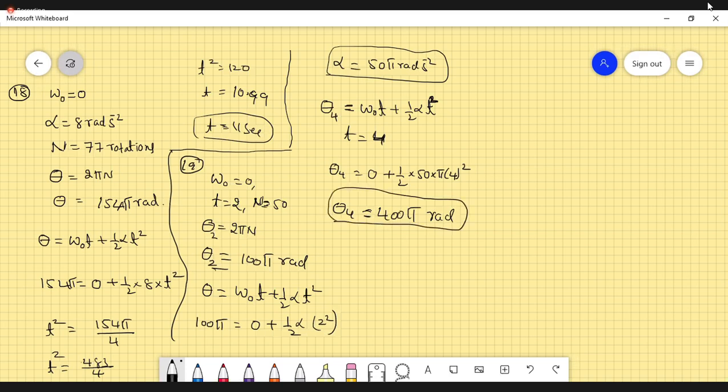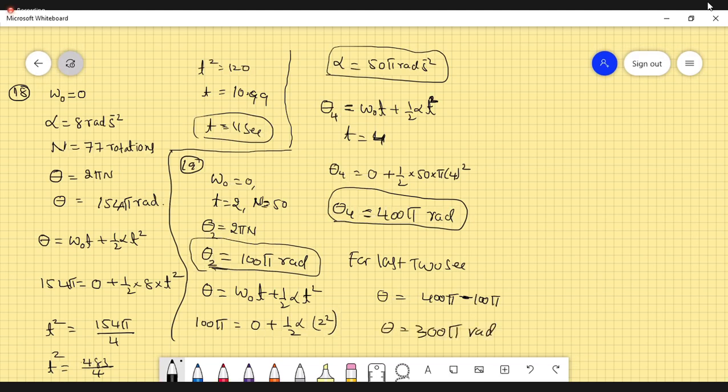And for the first 2 seconds we got 100 pi. Then the remaining for the last 2 seconds: theta equals 400 pi minus 100 pi, which is 300 pi radians. This is the total displacement.